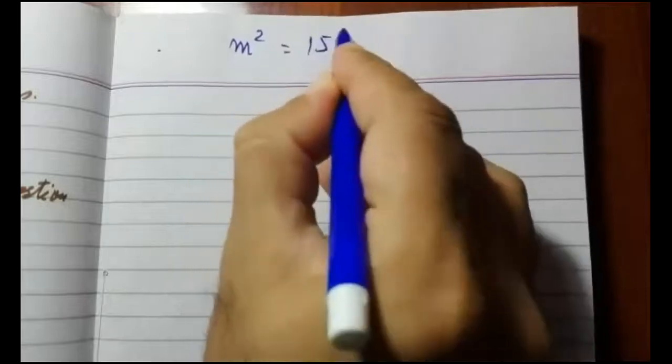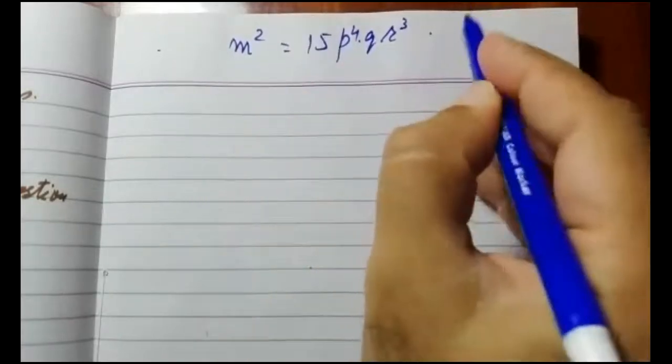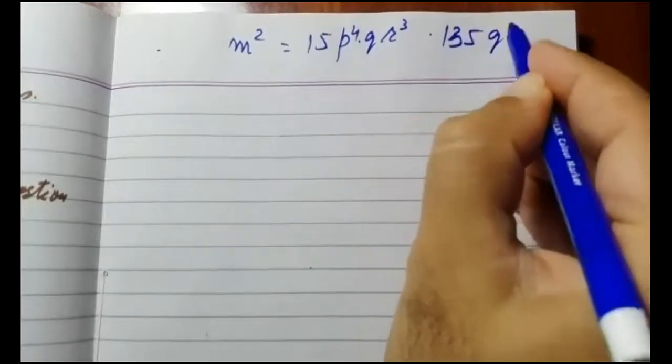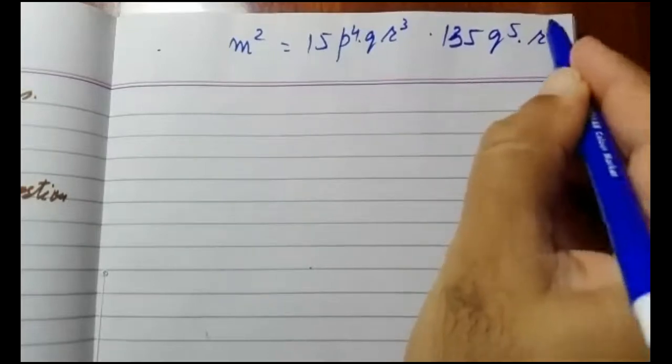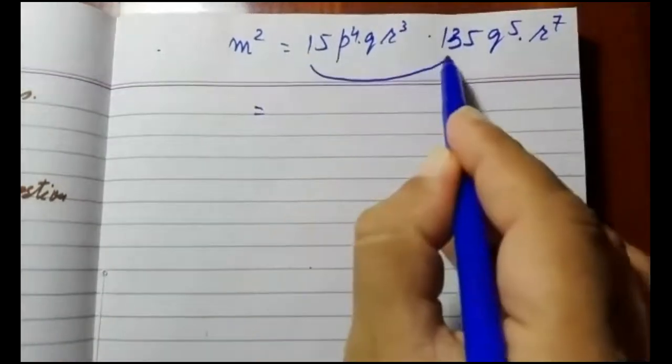So m square equals 15 p4 q r raised to power 3 and 135 q raised to power 5 r raised to power 7. So what will you do? You will get these two terms multiplied.